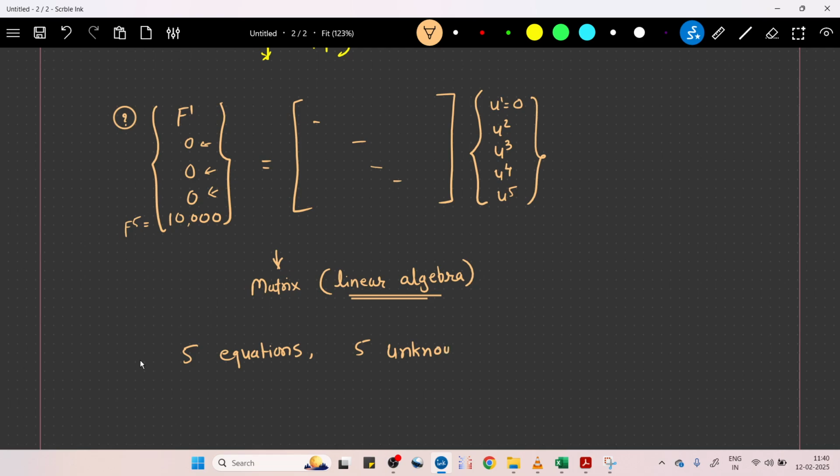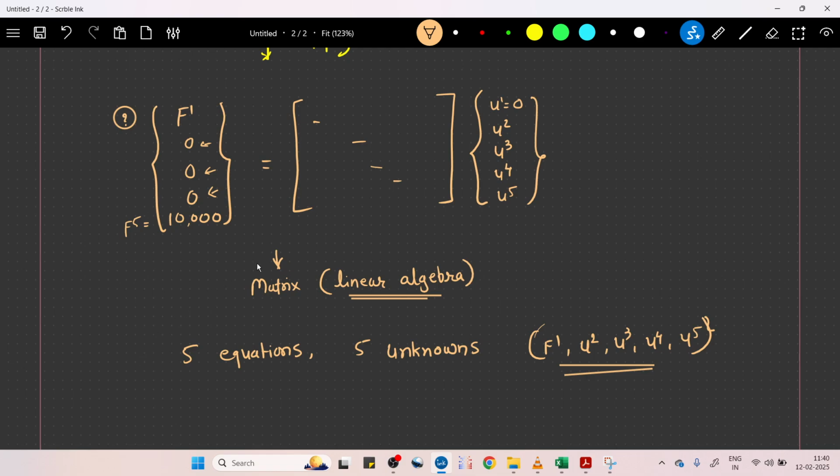What are the five unknowns? The reaction force at node 1, and the node 2, node 3, node 4 and node 5 displacements. So we can solve this problem with five equations and five unknowns.